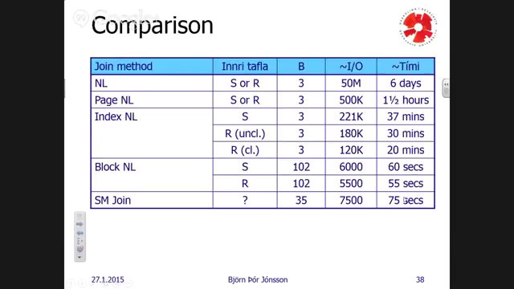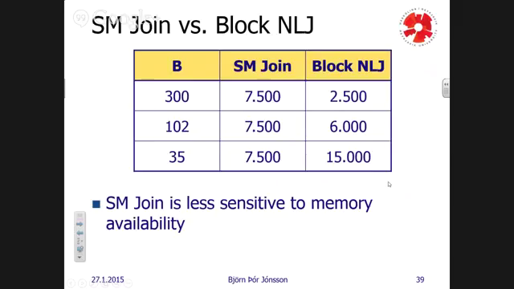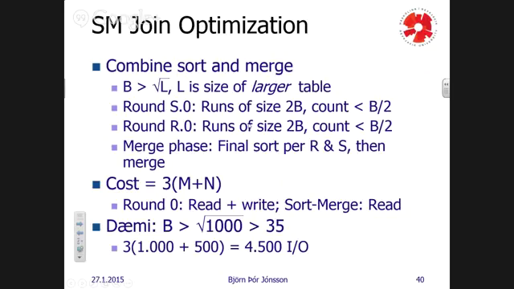Now, this is still slower than block nested loops join. But it turns out that the block nested loops join is very sensitive to the buffers. The more buffers you have, the faster it is, whereas the sort merge join is much less sensitive to this. So that's another win for the sort merge join.